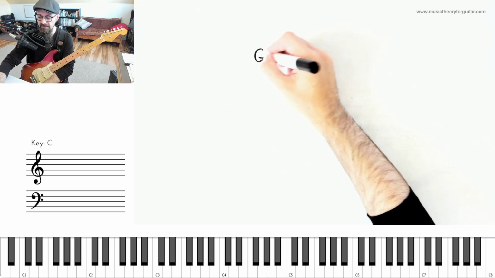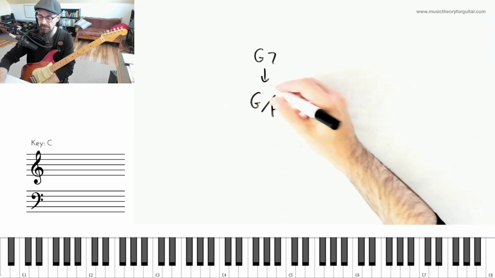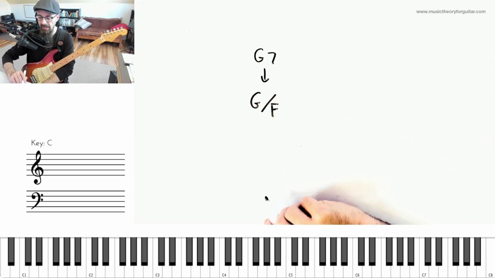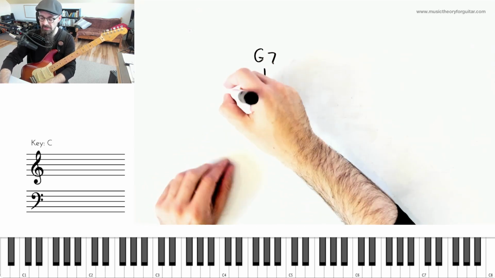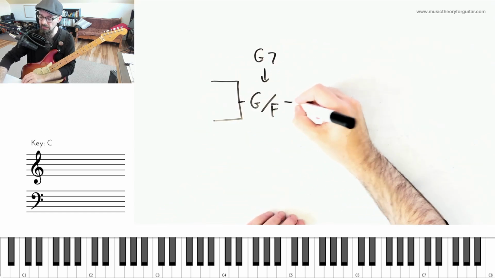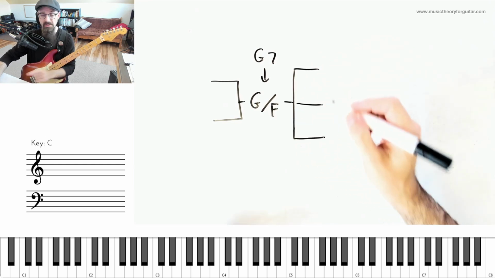We take the G7, the third inversion chord is essentially G with a bass of F. The top three notes are the notes of G, the bottom note is the F. There are always the same two chords coming before this, and there are always the same three chords coming after this. Those are your options.